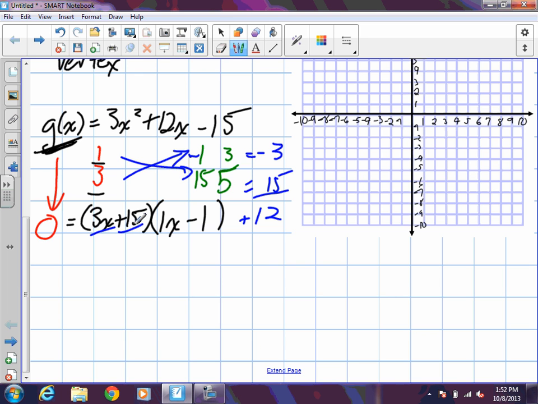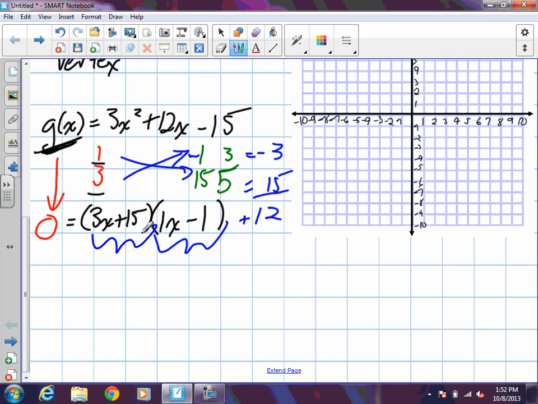It would have made things a little easier if I took out a common factor of 3, but it'll still work in this manner. This is a bracket times another bracket. In other words, the two brackets are being multiplied to get 0. You can only multiply by one number to get 0. What is it? 0. So in other words, one of these, if not both, of the brackets have to equal 0, in order to get an X-intercept.